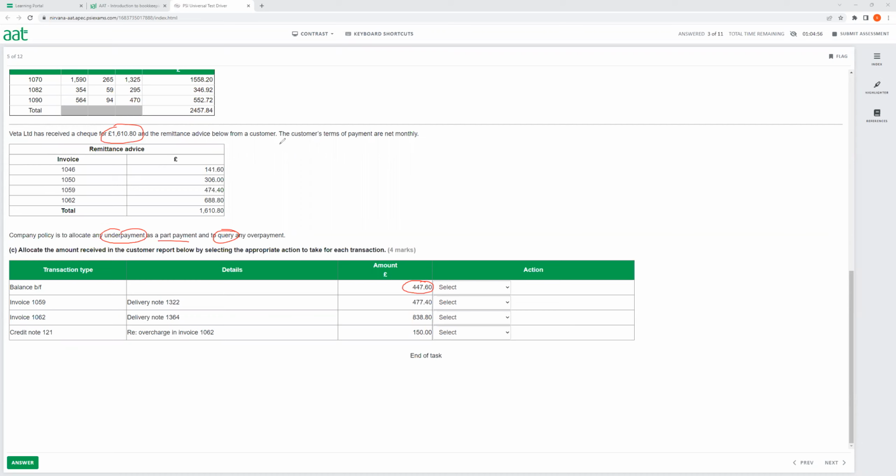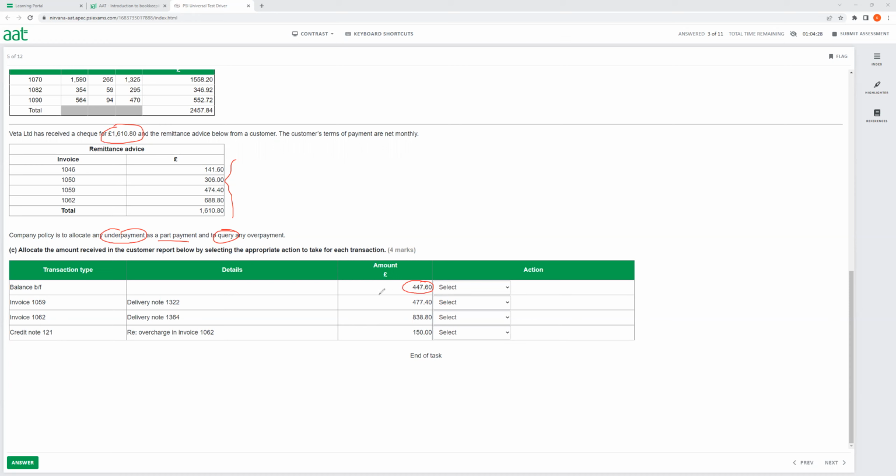Remittance advice, basically the customer tells the supplier that I paid 1610 and 80 pence, and this is the breakdown of that. So they try to explain to you why they paid 1610 pounds, so that the supplier knows which invoice is included and which credit note they minus.